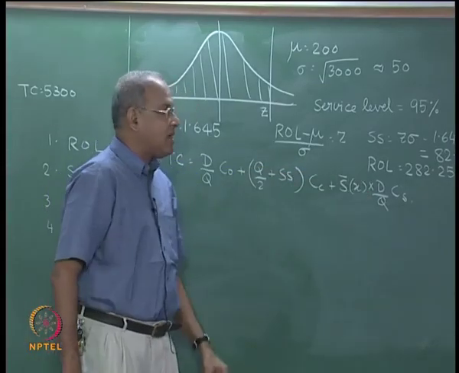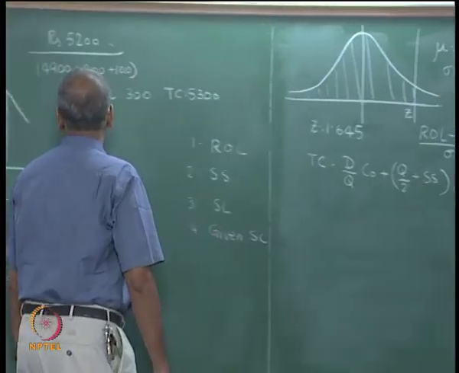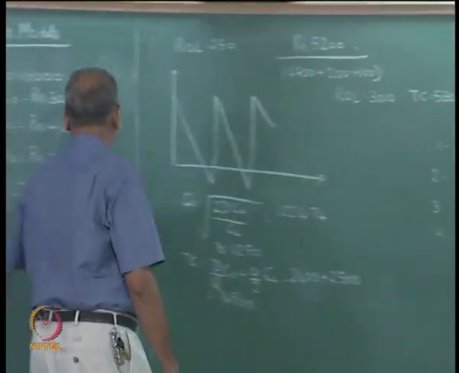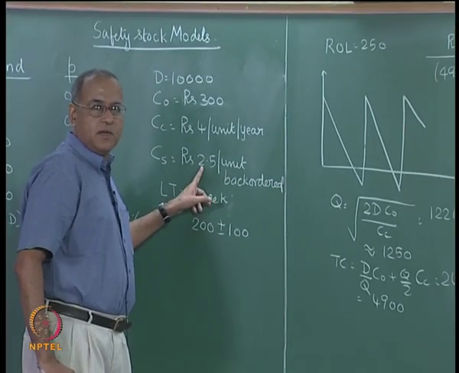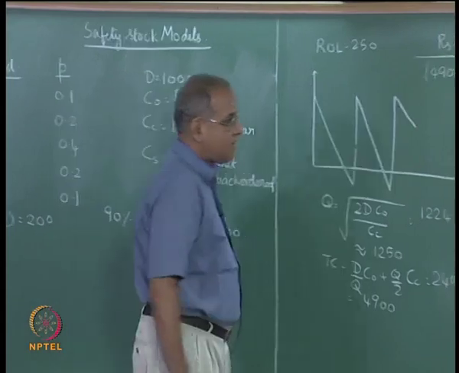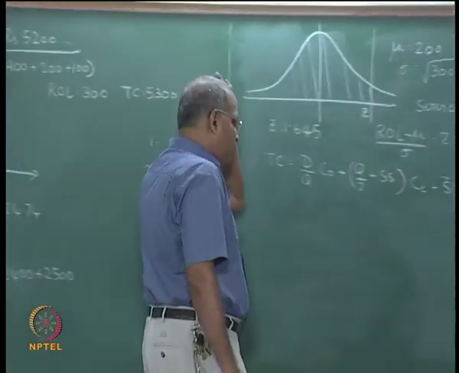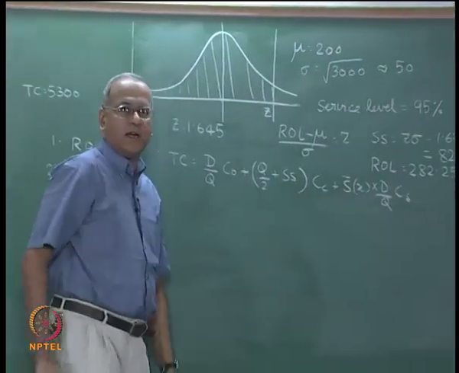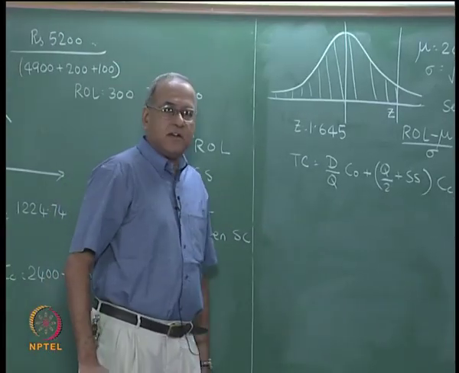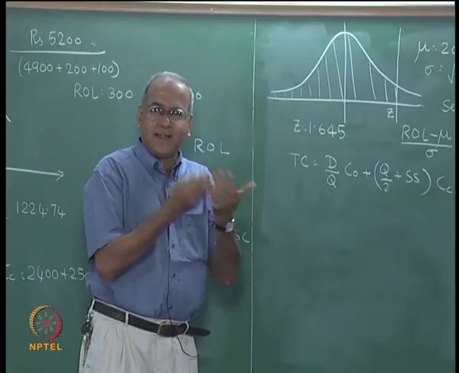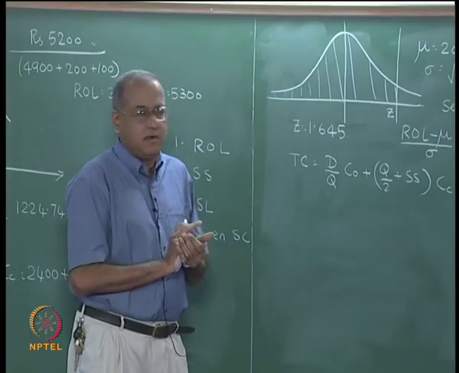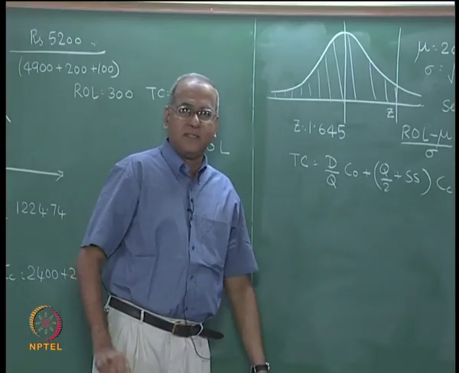So, let us do that, assuming that our given shortage cost is 2.5 per unit short or 2.5 per unit back order. Now, in order to find out the best value of R, the reorder level in this case, we need to differentiate this with respect to the reorder level and then try and get the best value of the reorder level.